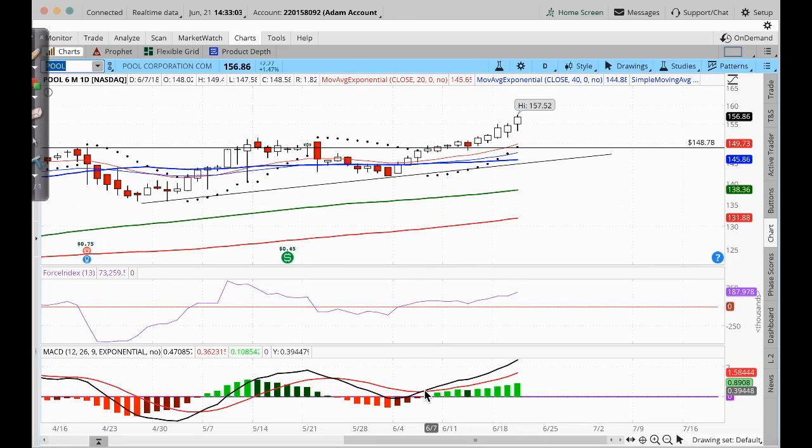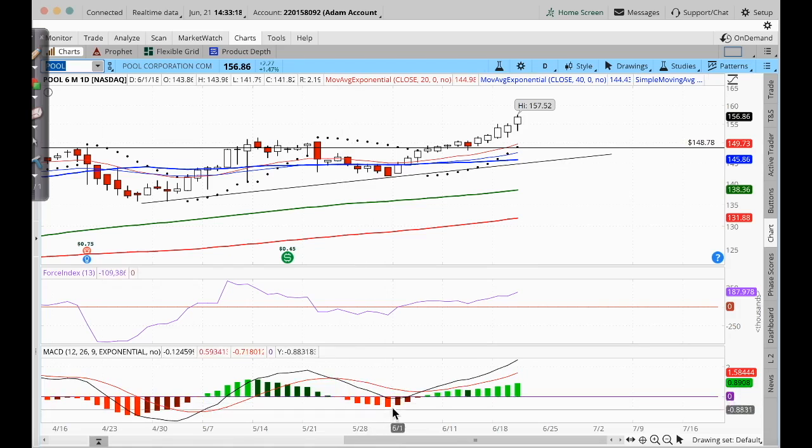So whenever the black line is above the red line, you will see these green bars. And it means that the momentum is bullish, right? It's bullish. Now, when the black line crosses below the red line, MACD line crosses below the signal line, you see these red bars? That means momentum is bearish, okay?